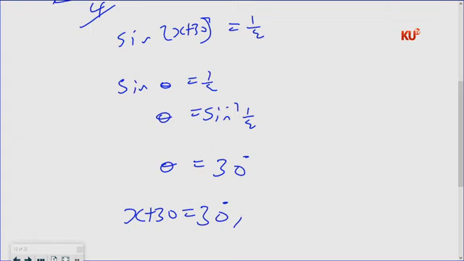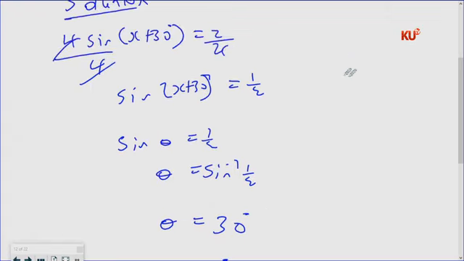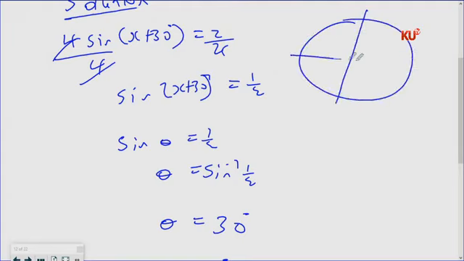How do you get the next angle? To get the next angle, you go back to the unit circle. Here we have the x-axis and the y-axis. You remember, all students take chemistry. This is the first quadrant, the second quadrant, the third quadrant, and finally the fourth quadrant.